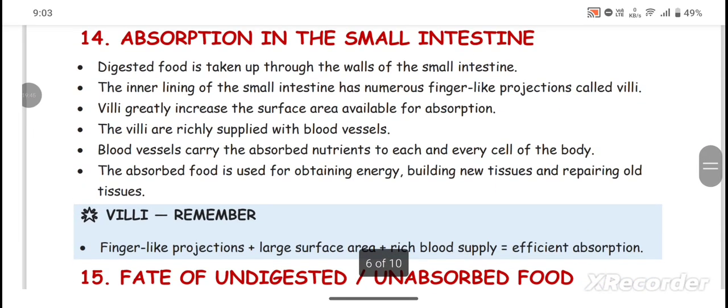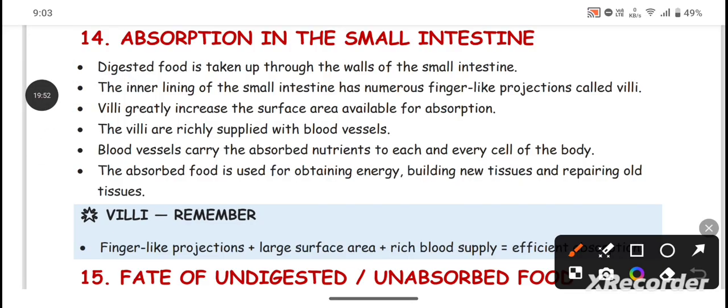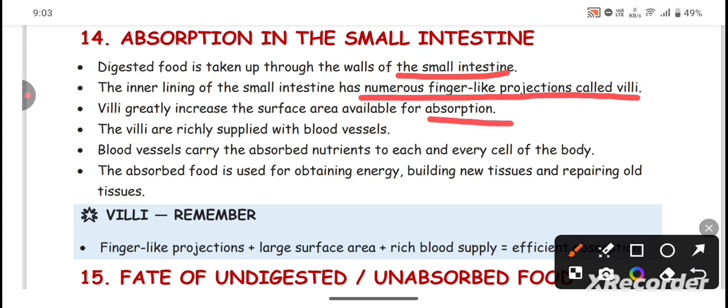After digestion, absorption is a crucial part that happens in the small intestine. Digested food is taken up through the walls of the small intestine. The inner lining of the small intestine has numerous finger-like projections called villi. Villi greatly increase the surface area available for absorption.